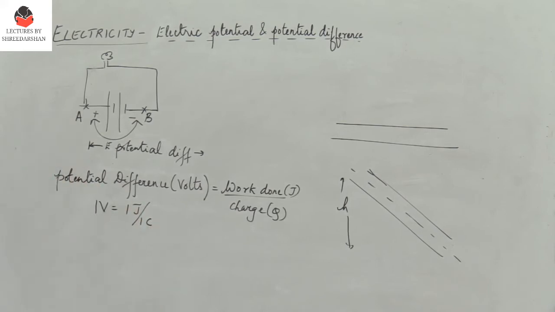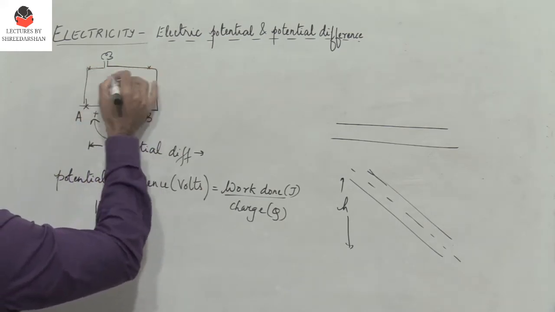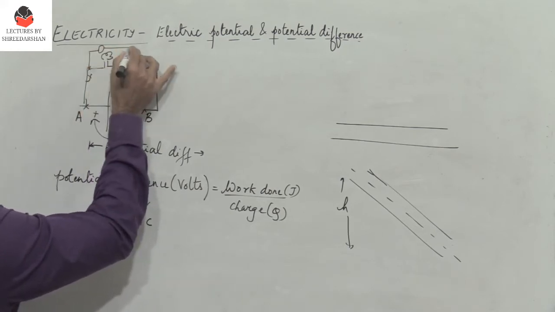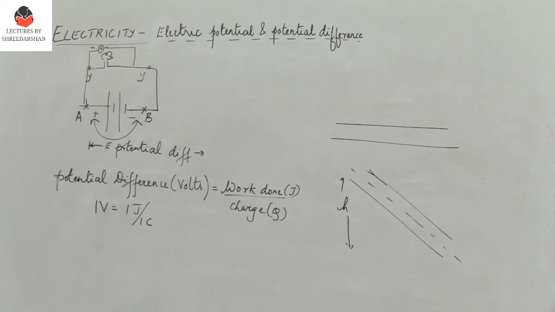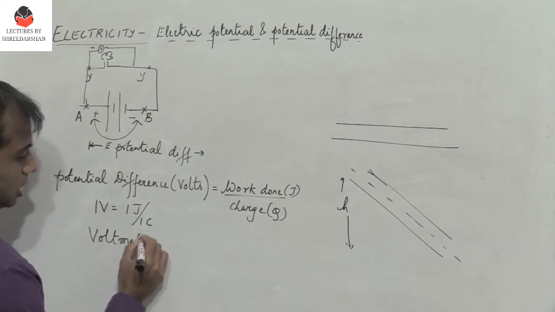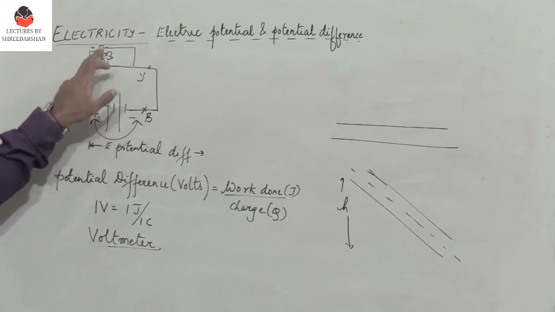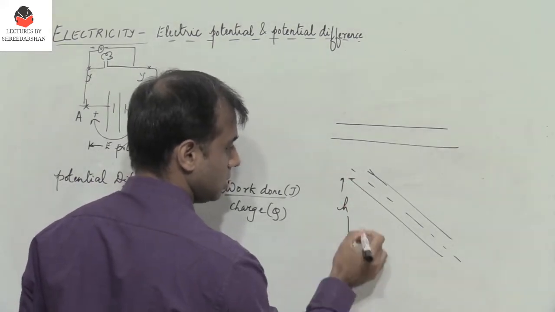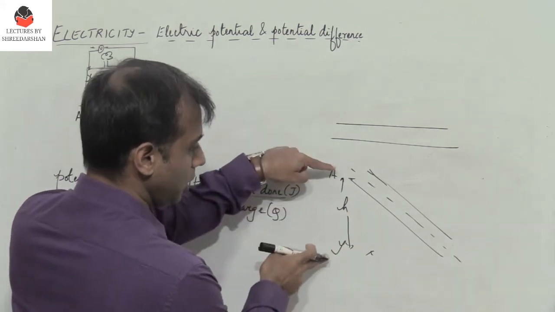Now how do I measure the potential difference? If I want to know the potential difference between these 2 points x and y, I have to connect a device which measures the potential difference, and that is referred to as the voltmeter. The voltmeter is the device used to measure the potential difference, and it is connected across. Like if I need to find the height difference between point A and B, I need to measure between these 2 points.